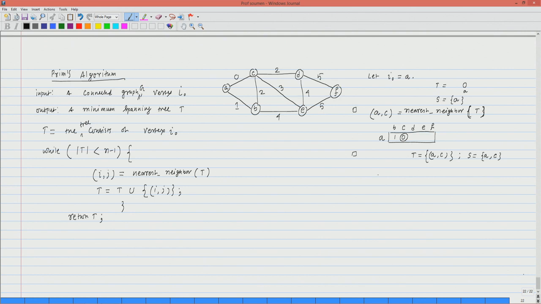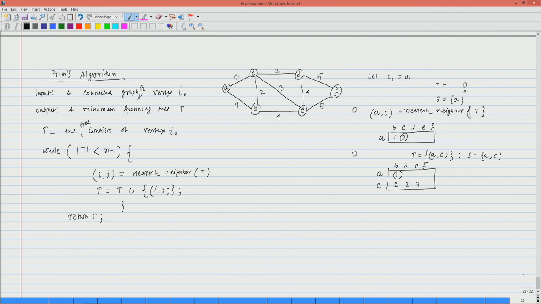That can also be represented in the form of a table. So, AC are the elements in S, and in S complement you have B, D, E and F. You can check that A and B are adjacent and that is weight 1, D, E, F are not adjacent to A, C is adjacent to B and the weight is 2, similarly here it is 2 and 3. So, the minimum one is this one.